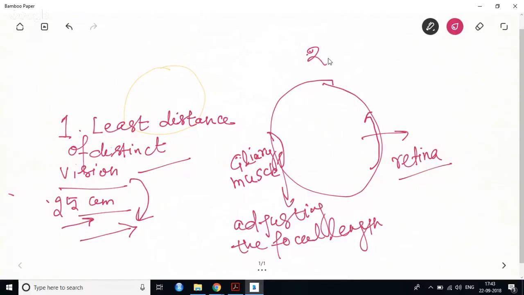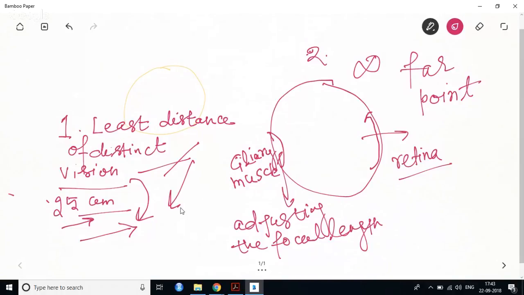The second concept is of far point, and infinity is taken as the far point. So two things you have to always remember. If somebody is asking about least distance of distinct vision, for a normal eye it is 25 centimeter.